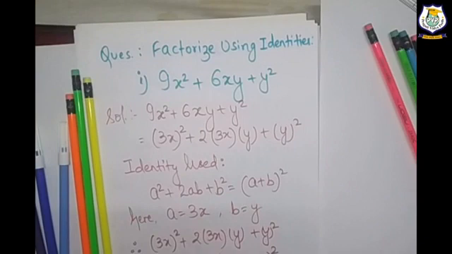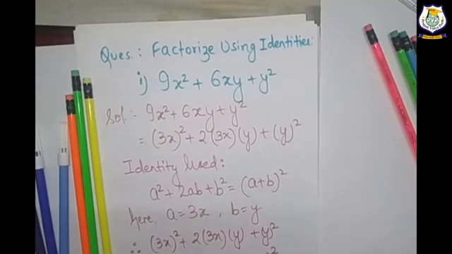The factors of 6 are 1, 2, 3 and 6. How? Because 6 can be written as 1 into 2 into 3. Leave 1 and 6, because every number has the factors 1 and itself. After these, we have two more factors, 2 and 3, because the product of 2 and 3 is 6. That's why we can say that 2 and 3 are the factors of 6.